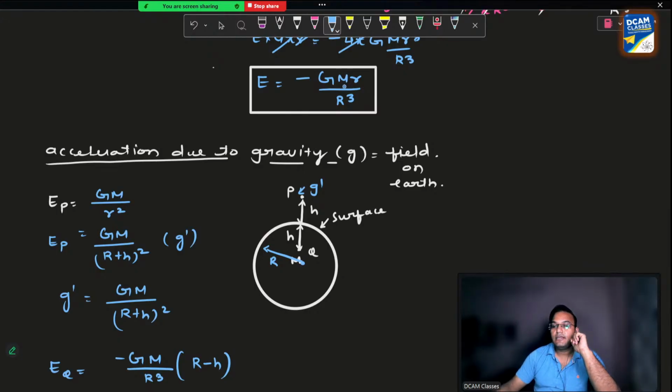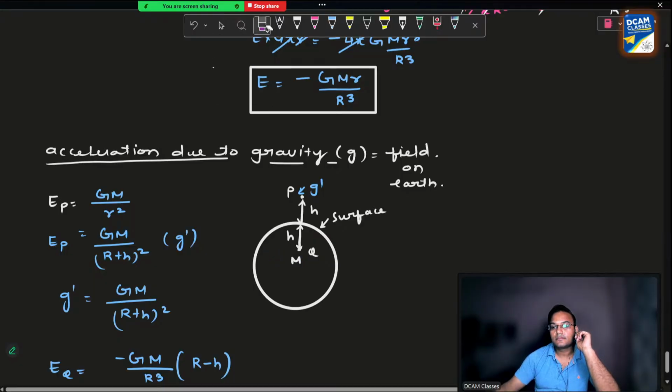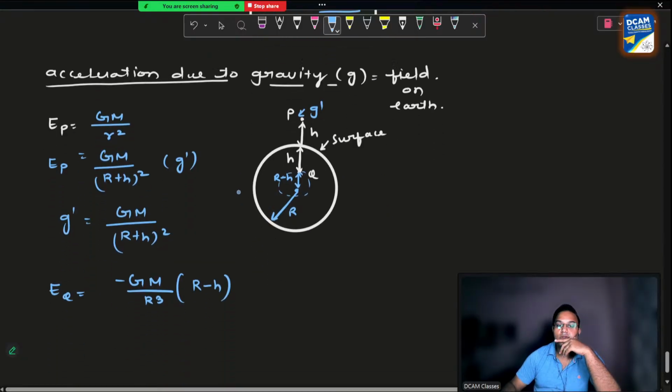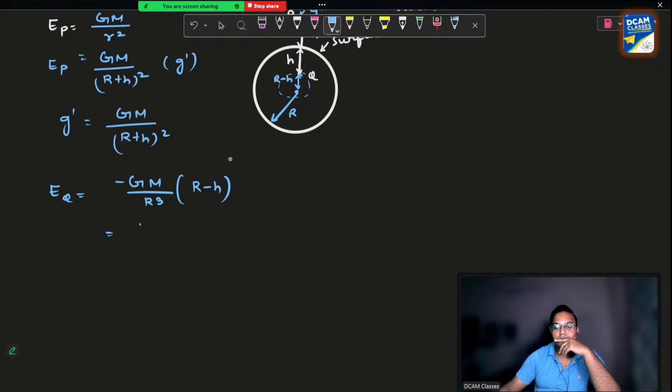Yes, sir. r will be capital R minus h, because if I draw correctly, this is its radius, so this distance will be R minus h. So the field at Q will be GM by R square into 1 minus h by R. Let's say it is g double dash.